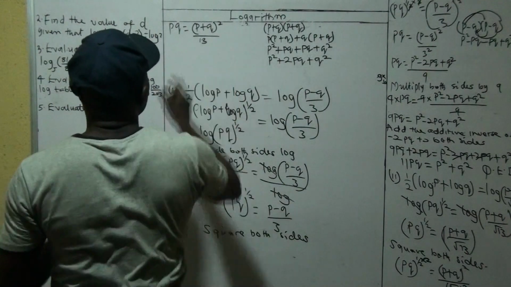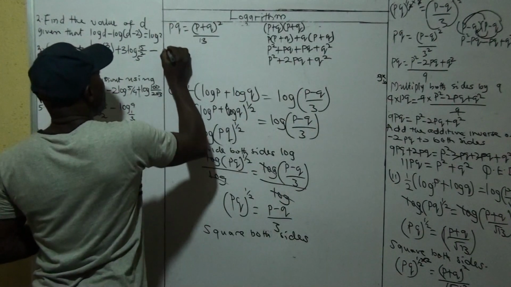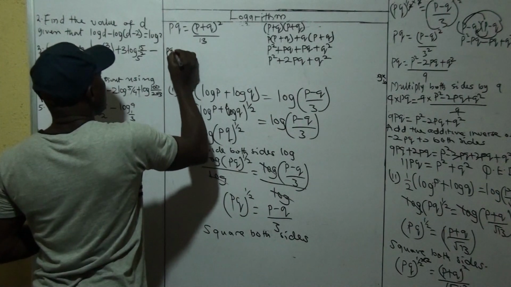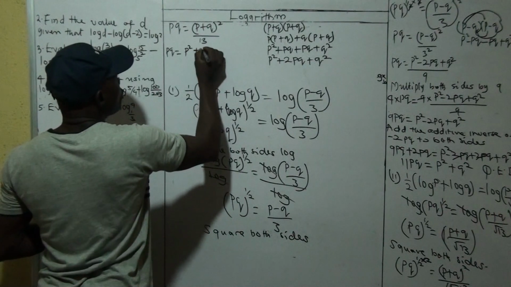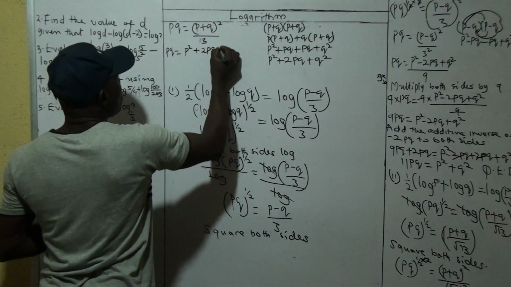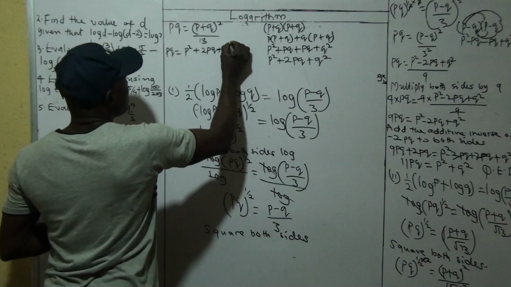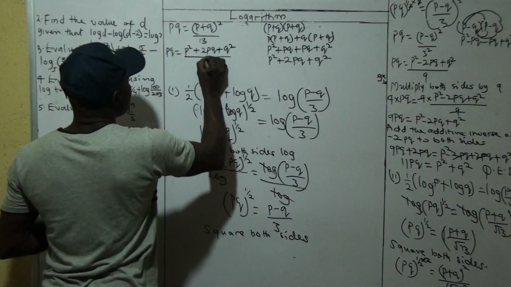So we'll replace it here, and this becomes pq is equal to p squared plus 2pq plus q squared all over 13.